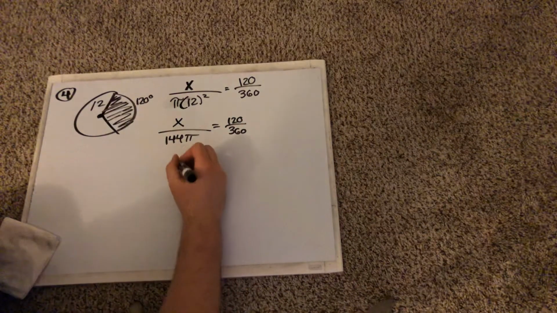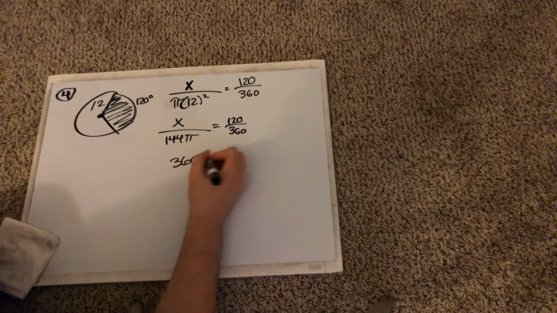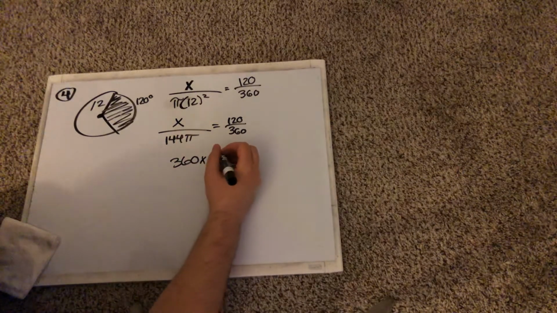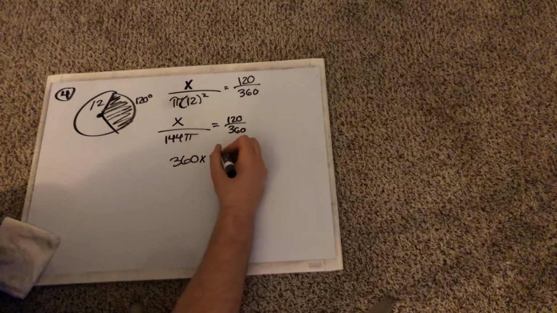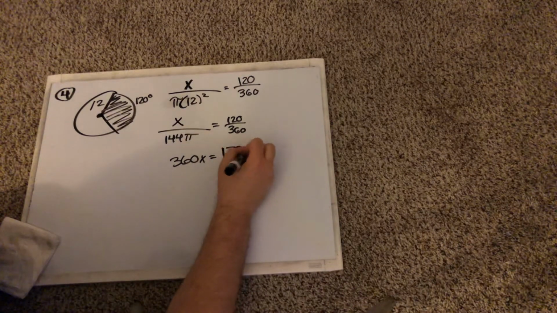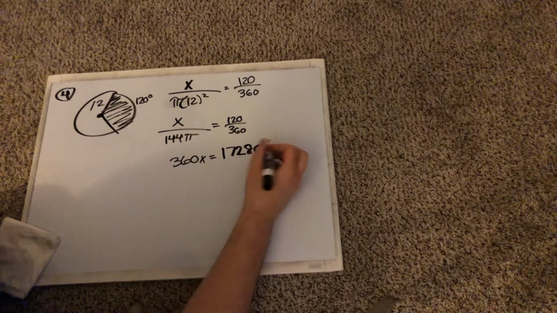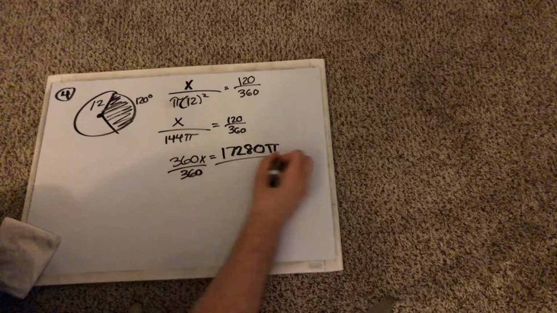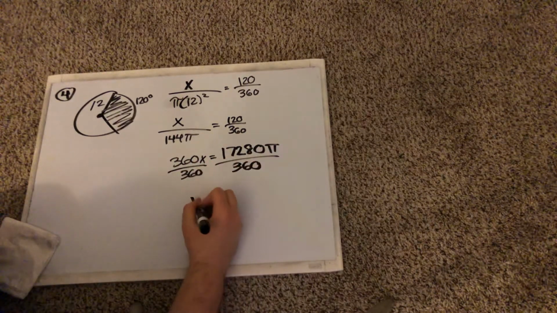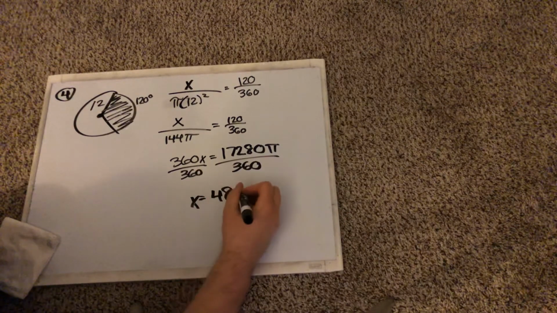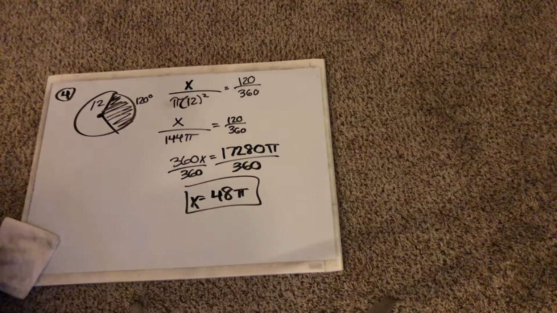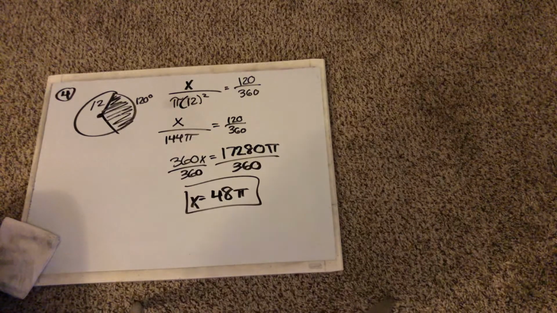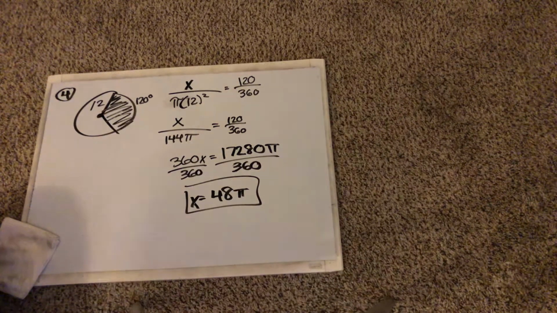If I cross multiply, 360x equals 144 times 120 is 17,280 pi. Divide both sides by 360, and that comes out to 48 pi. Again, if I told you units, you would say like 48 pi, I don't know, inches squared.